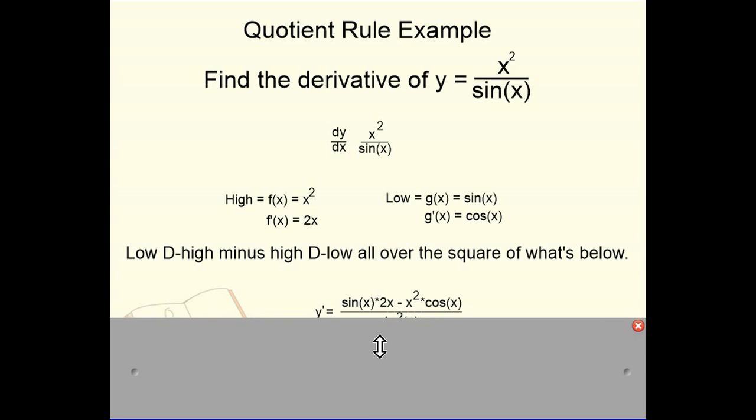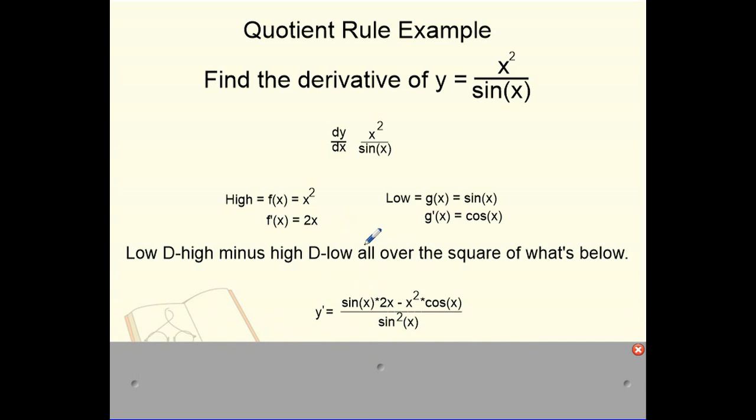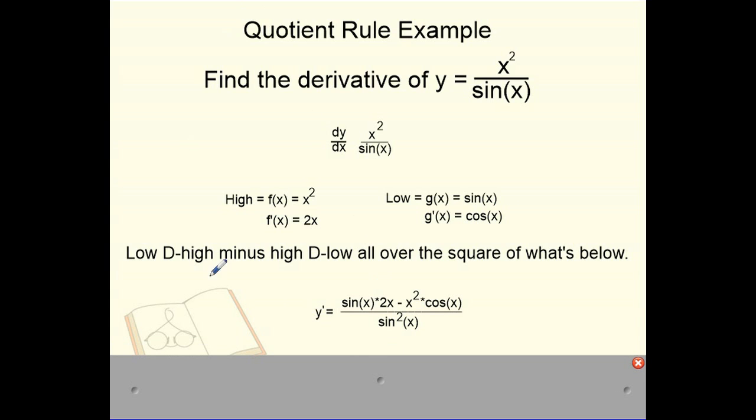So if we have low d high, that's going to be sine times the derivative of f of x, which is 2x, minus high d low, which is x squared times cosine of x, all over the square of what's below, which we know is sine of x, so sine squared of x, and this is our derivative.